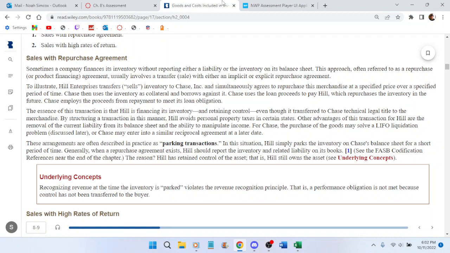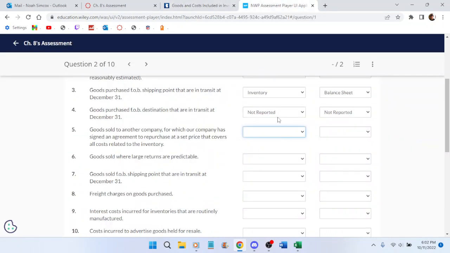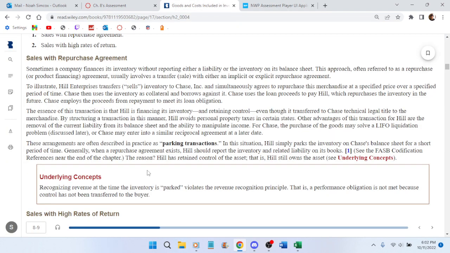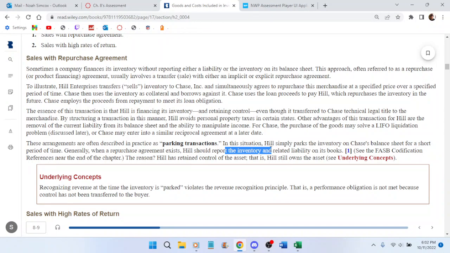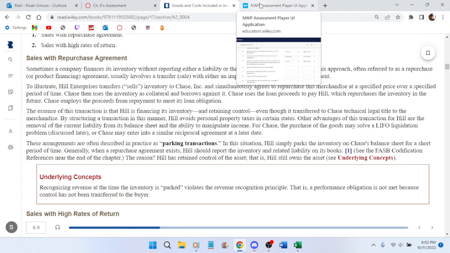Well, it says that they should report it as inventory, weirdly enough. So, okay. It literally says they should report the inventory and related liability. Okay.